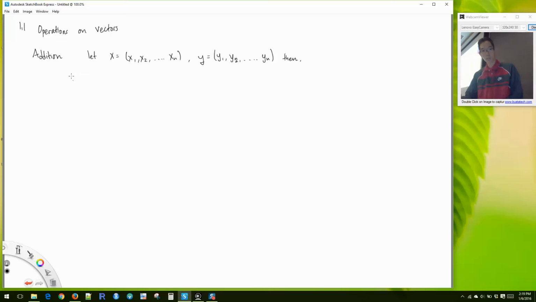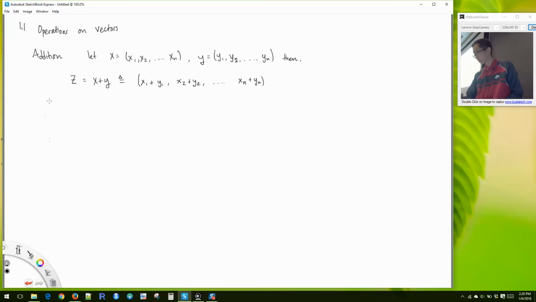Then we can define z as x plus y, which we define exactly as we would expect, element-wise addition: x1 plus y1, x2 plus y2, and so on, all the way up to xn plus yn.